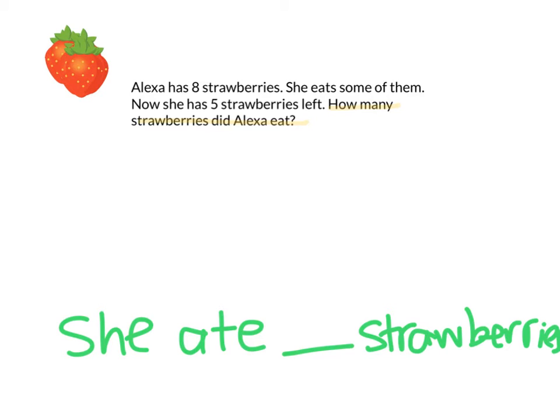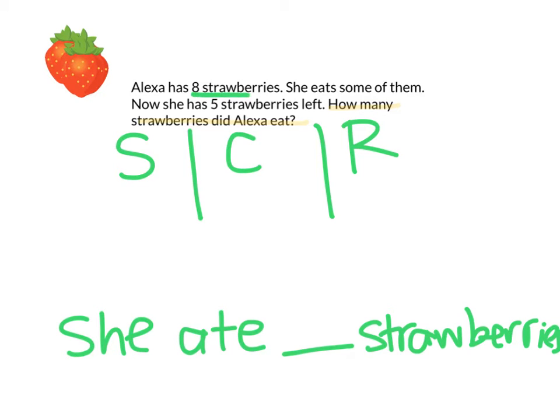Okay. So now let's look at what we've got. Let's put our start, our change, and our result. So do we know how many we started with? Well, it tells us right here, Alexa has 8 strawberries. So that's how many she started with. She eats some of them. So we don't know how many some is right now.